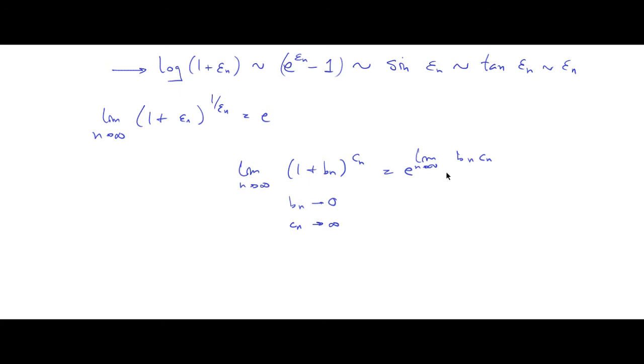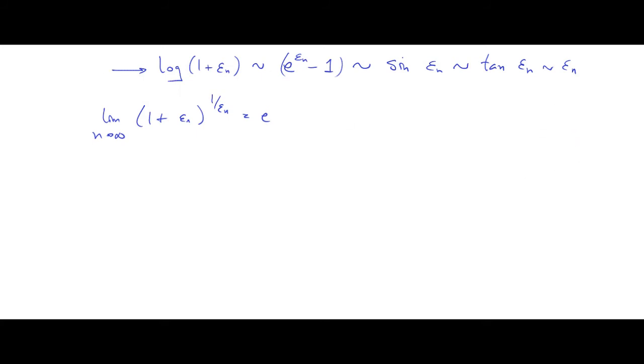Well, in this case, 1 over epsilon sub n goes to infinity, so it's a valid c sub n, and epsilon sub n goes to 0, which is correct, and the limit of epsilon sub n times 1 over epsilon sub n is 1, right? So this is e to the 1, e, okay? Just to remind you.